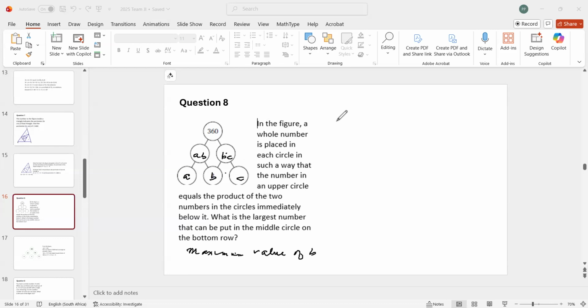And then you've got 360, which is equal to the product of these two. AB times BC. And there is A, B squared, C. So you want to know what is the largest possible value for B. So it occurs as a square here.